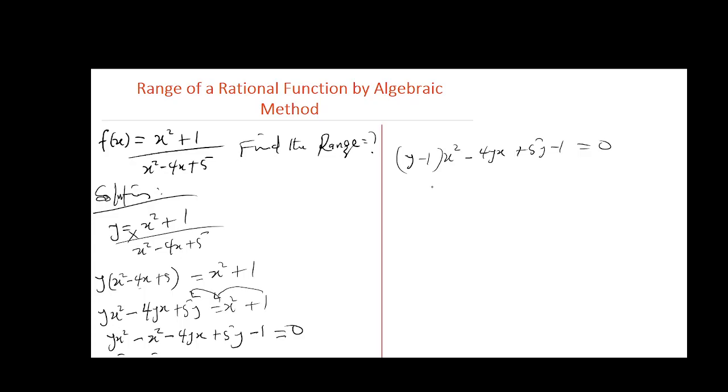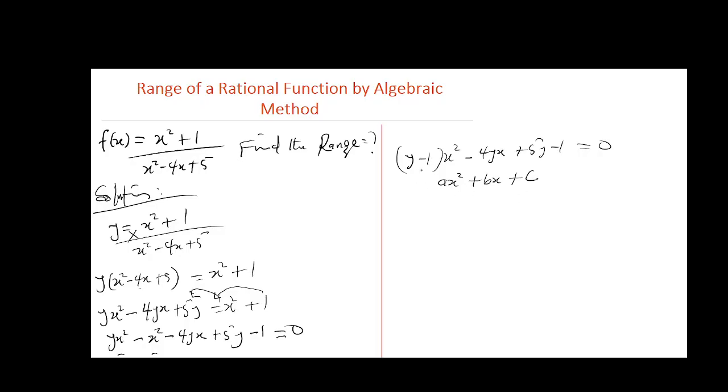We know that a quadratic expression is of the form ax squared plus bx plus c, right? Where a and b are the coefficients and c is the constant.